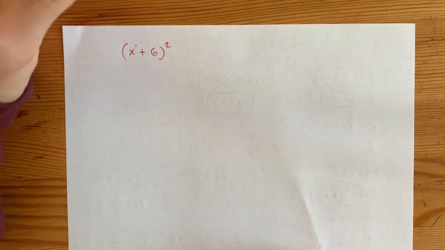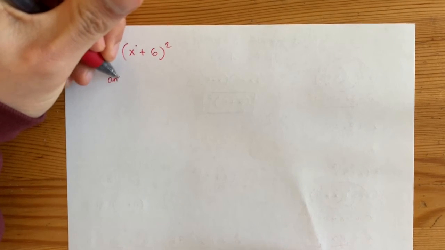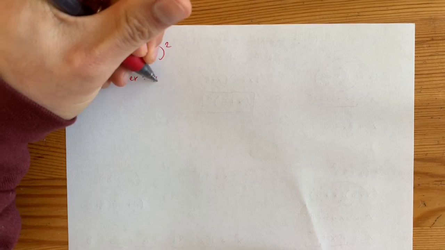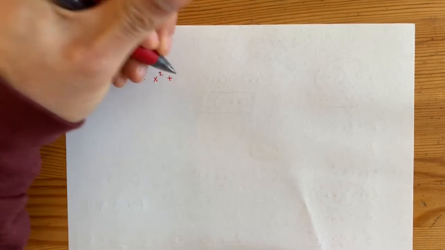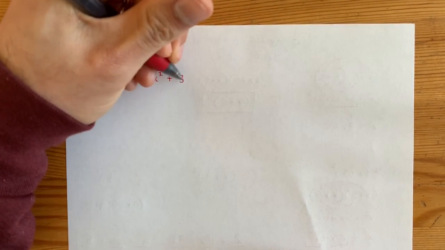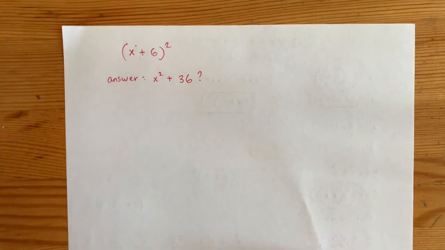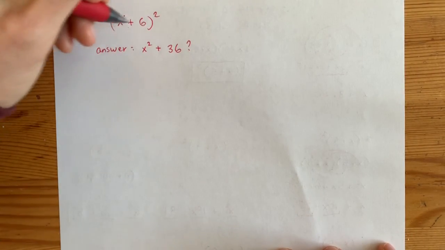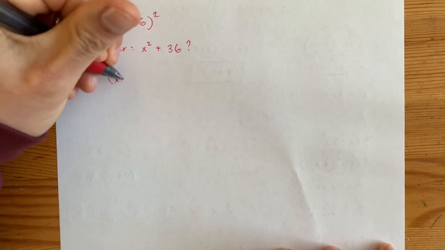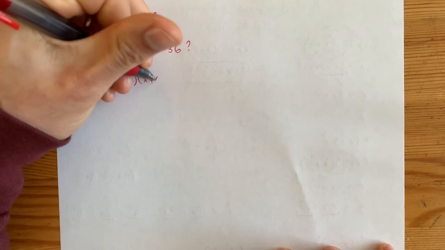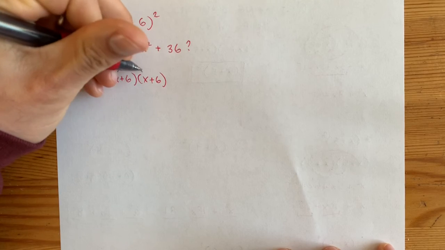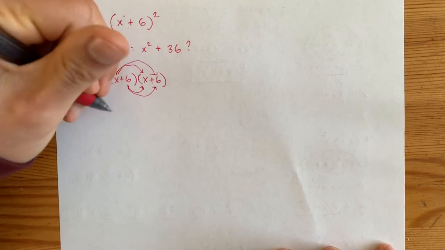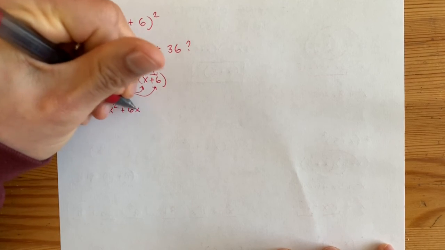A lot of people might think, isn't that answer going to be just squaring the x and squaring the 6? And isn't that the answer? Well, it's not, because as we found out, what this really means is x plus 6 times itself, which requires us to do our first, our outer, our inner, and our last.